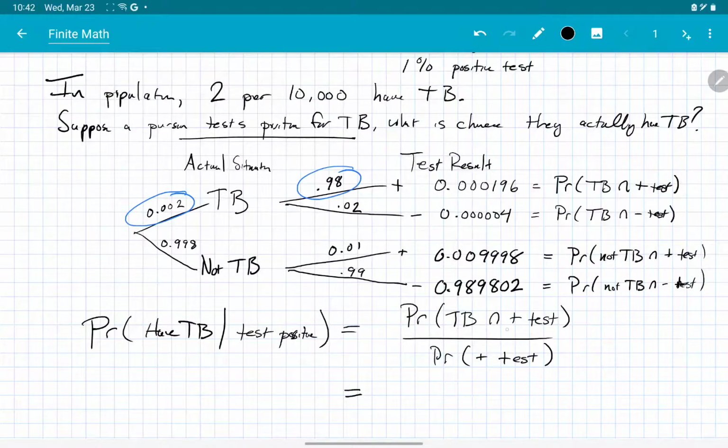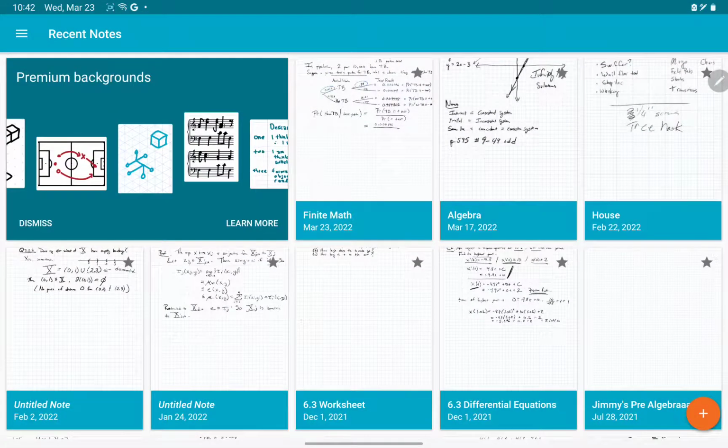TB and a positive test we see is 0.000196 from looking at the tree diagram. But to get the probability of having a positive test, we have to sum two probabilities. We have to sum this probability and this probability.